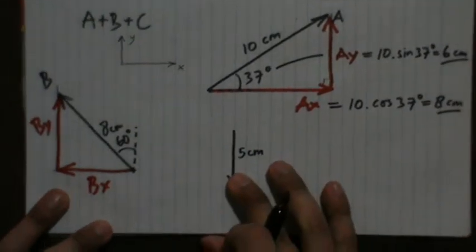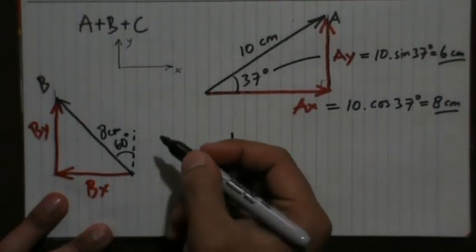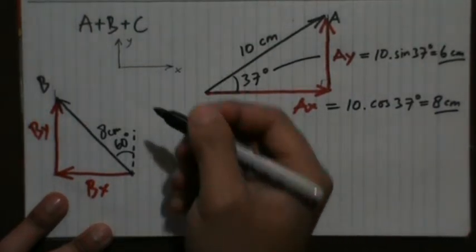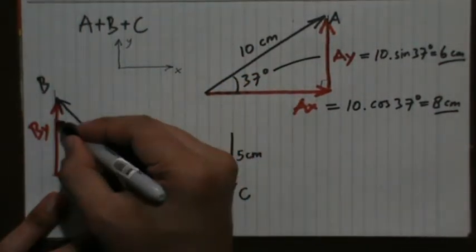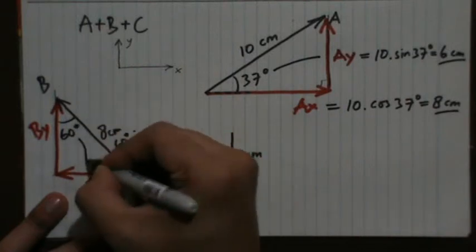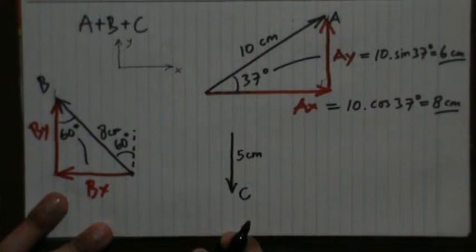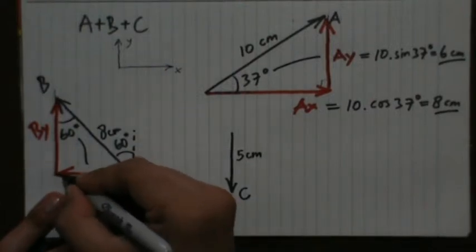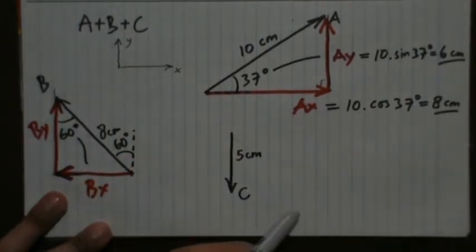And now for BX, if you take a look here, you can see that the angle here is similar like this, so this is also 60 degrees, so that's the opposite of 60 degree. And notice that the direction of BX is pointing to the left.